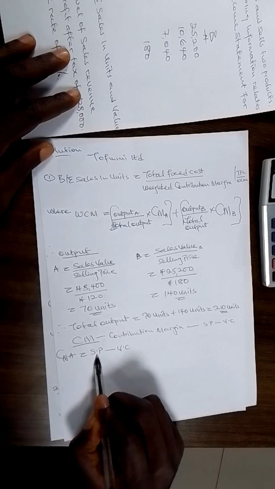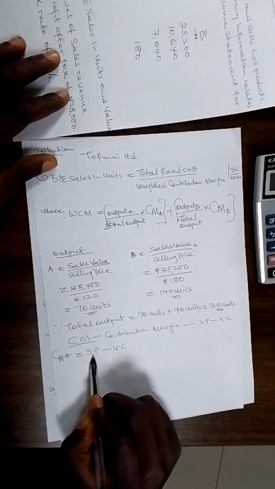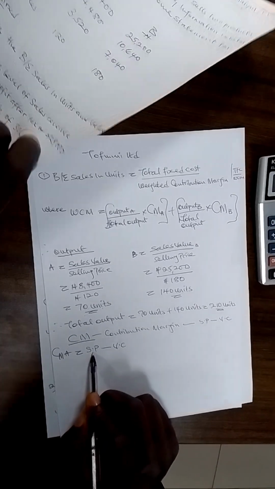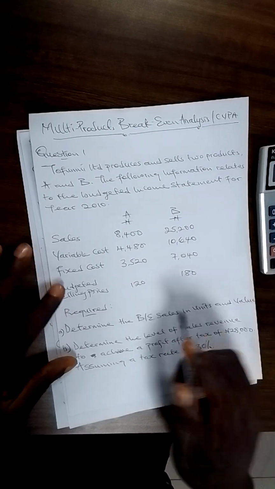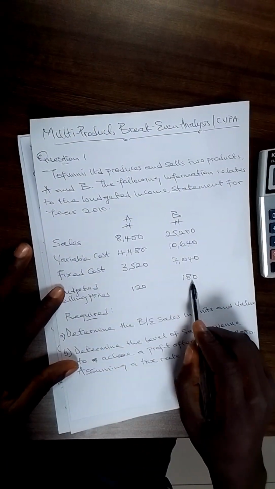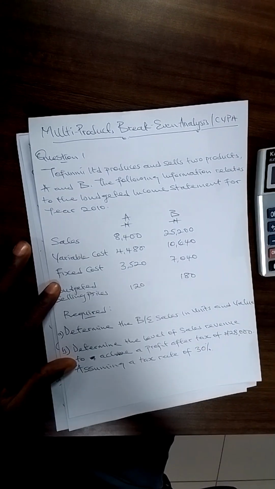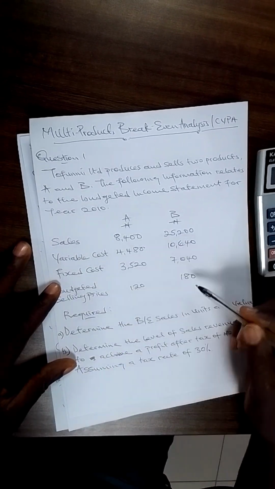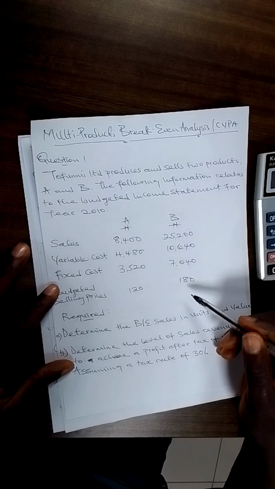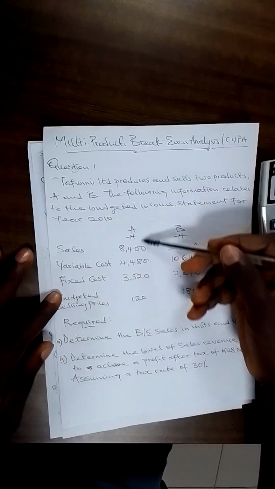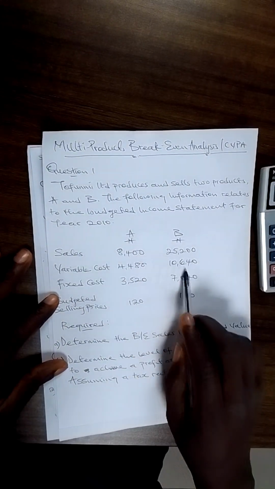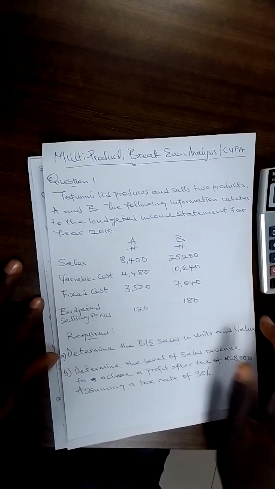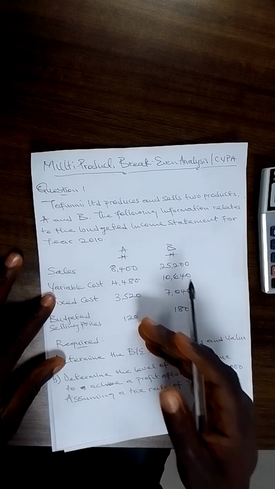The selling prices are given in the question. But do we have the variable cost per unit? Looking at the question, the variable cost per unit for A and B are not in this question.